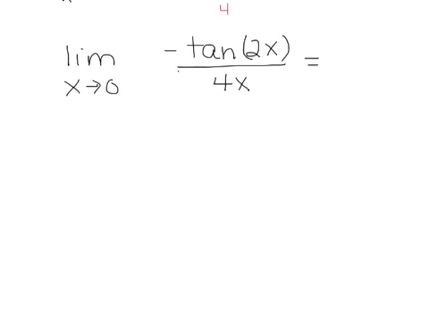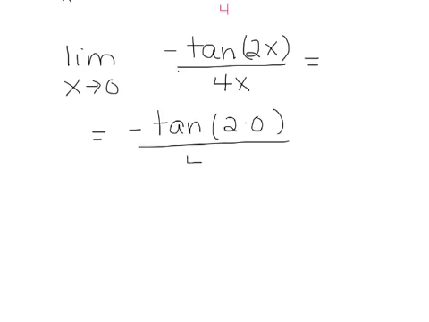So let's try evaluating now and see if we made some progress and can calculate our limit. So that would be the opposite, or negative tangent 2 times 0 over 4 times 0. And that gives us negative tangent of 0 over 0.